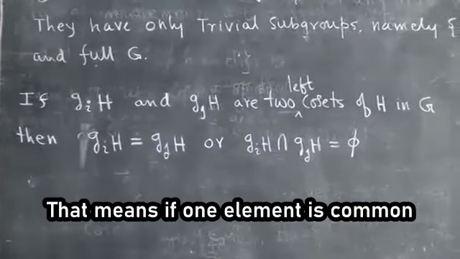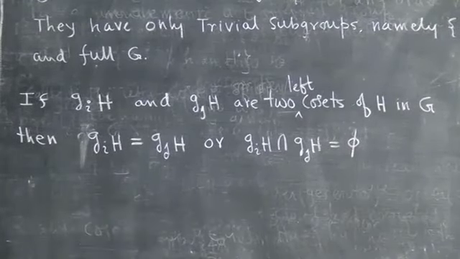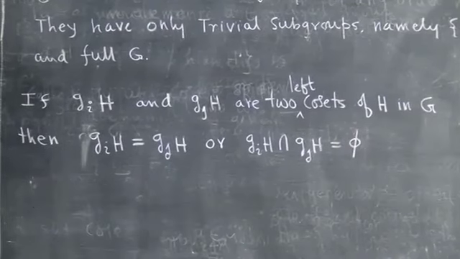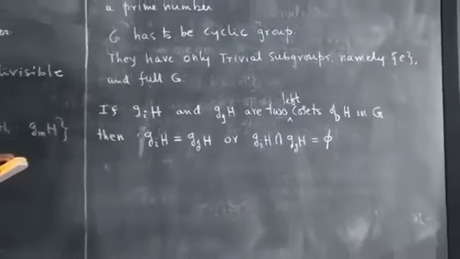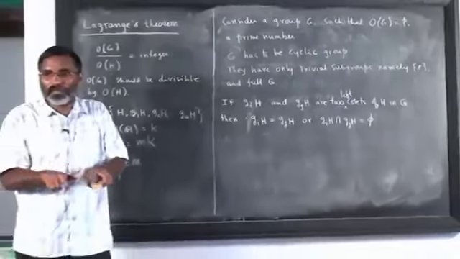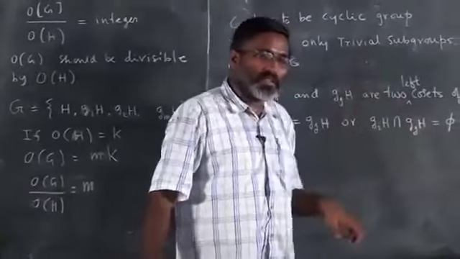That means if one element is common, then all elements are common. Otherwise, there are no common elements. If you take two cosets, either they are disjoint or they are the same.